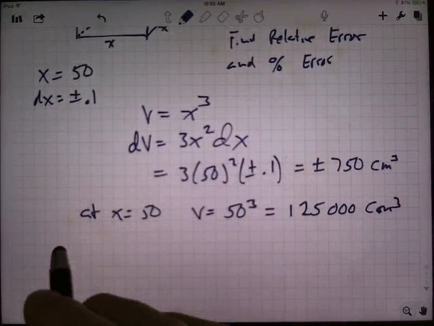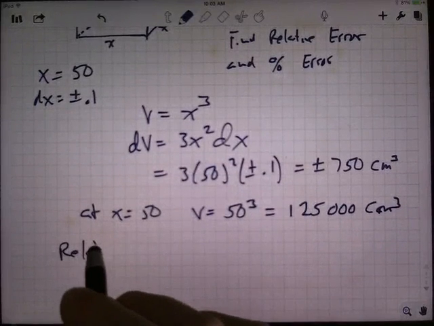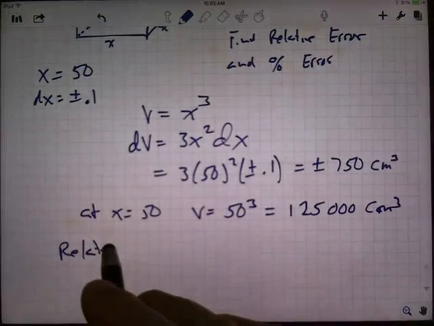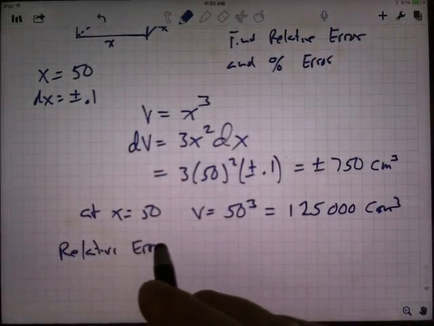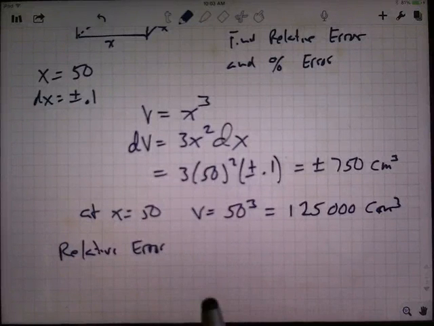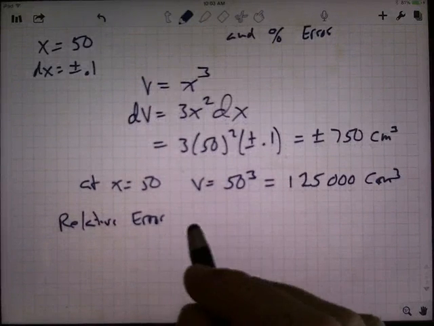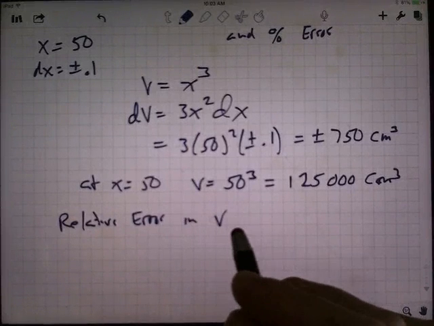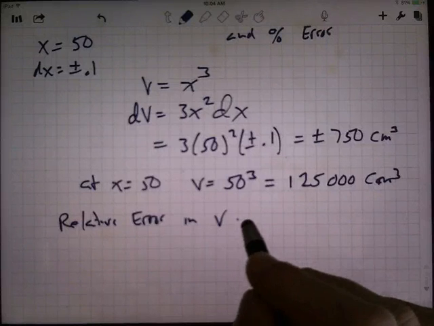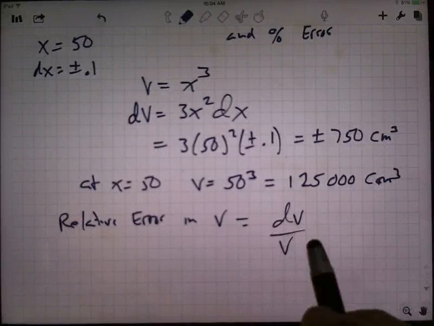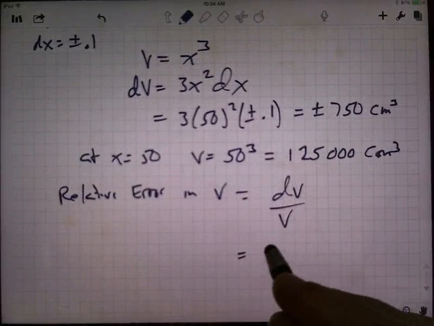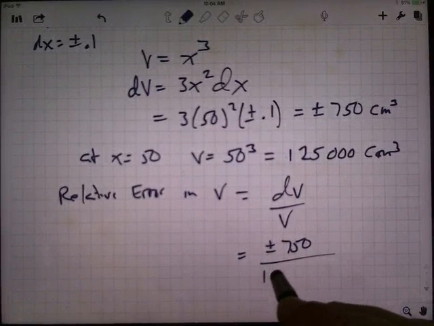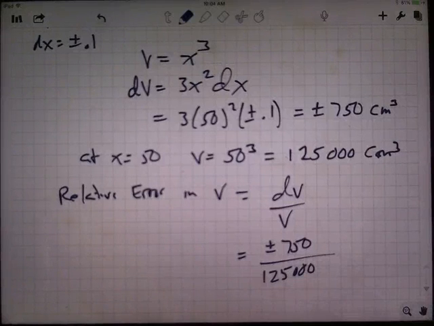In fact, what we call the relative error in the volume is going to be dV divided by V. We calculated dV as plus or minus 750, but the actual volume is 125,000.